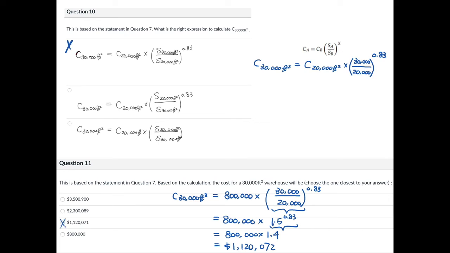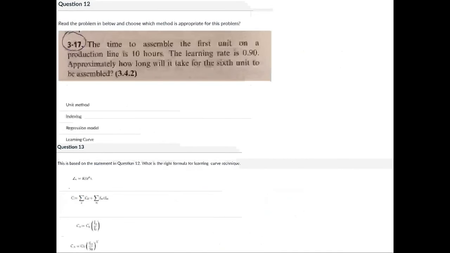So actually it should be 1.40009. Is that correct? Yeah. So it's just a rounding problem, okay? That's why we said choose the one closest to your answer. So don't worry about that.